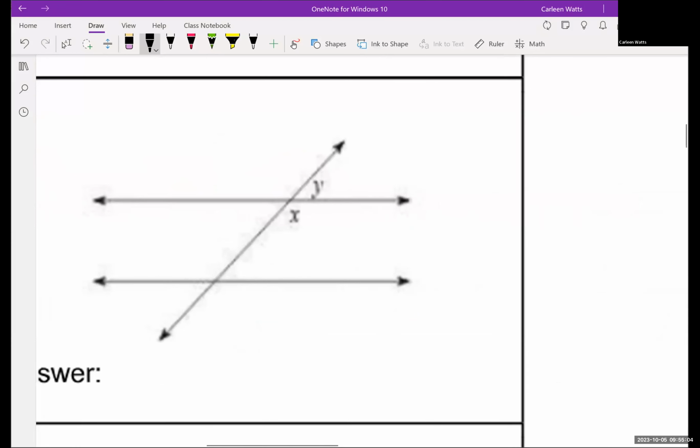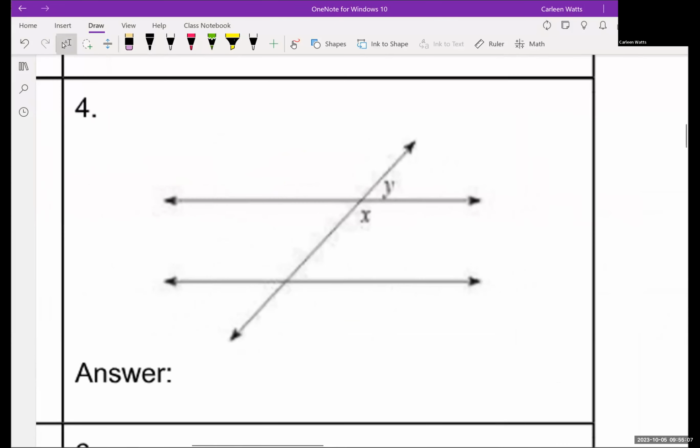Number 4. If this is line L and this is line K, they are on the same line, not on separate lines. Are they vertical? Oh, they are not vertical. Careful. Now, alternate interior, they have to be one on line L and one on line K. Corresponding, it has to be one on line L and one on line K. So good to have these conversations.